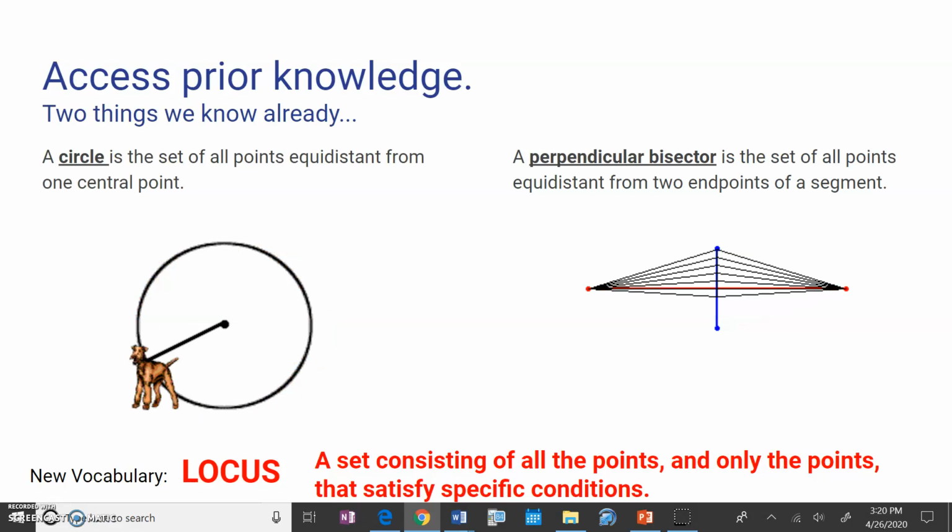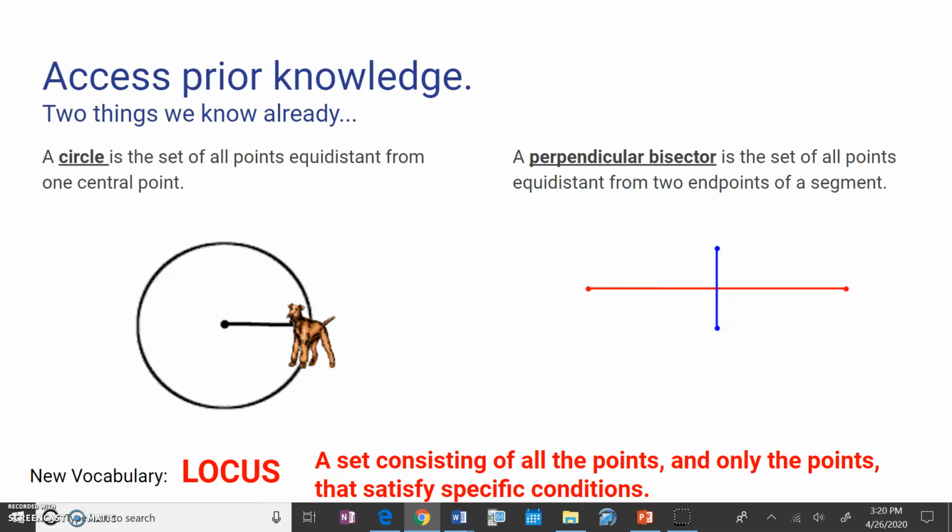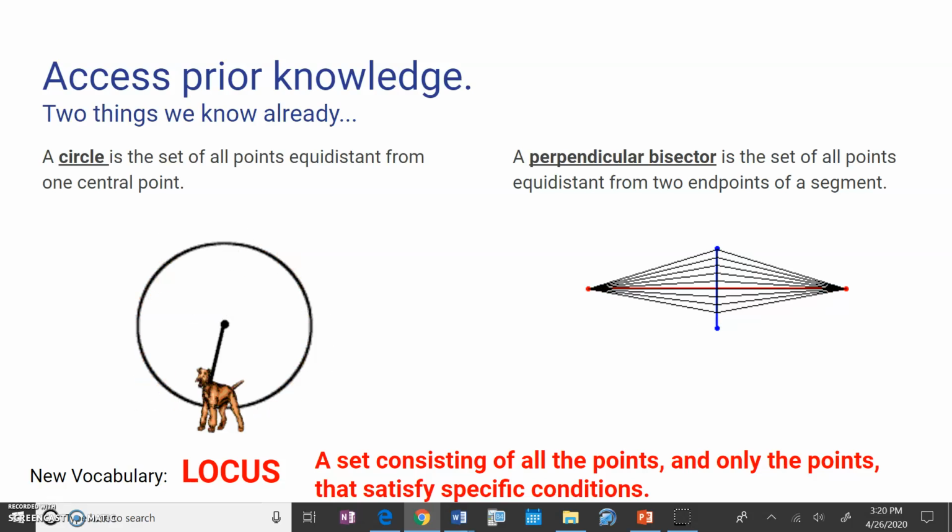The circle would be considered the locus of points around where you were standing, that is this distance of the leash. And then similarly, if I had said for the perpendicular bisector problem, what is the locus of all of the points that are equidistant from those two red endpoints, it would be that perpendicular bisector.